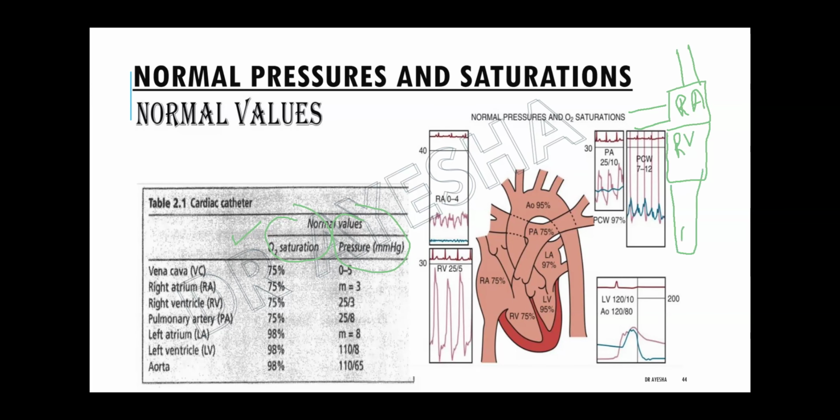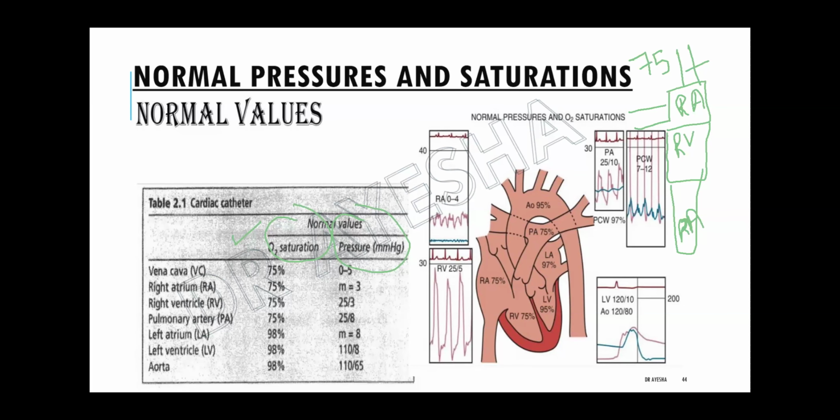Always remember, the oxygen saturation in each of these compartments will be the same. Whether superior or inferior vena cava, the oxygen saturation on the right side is around the 70s. Just remember the word 70s if you cannot recall the exact 75.